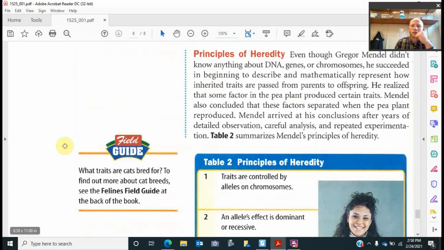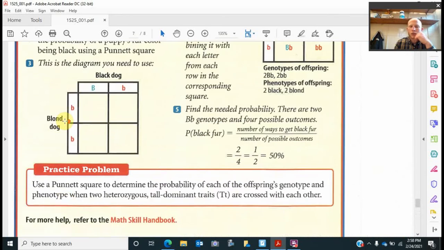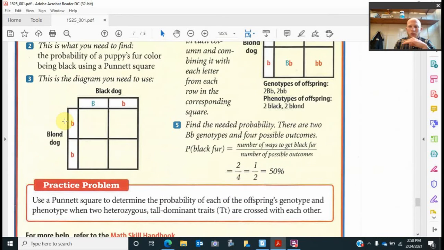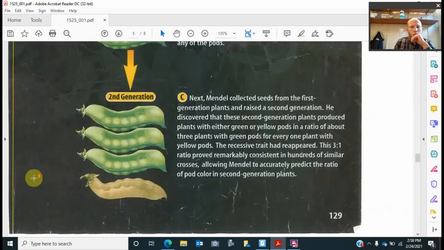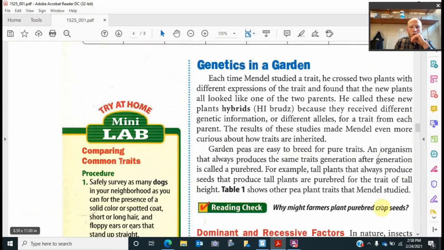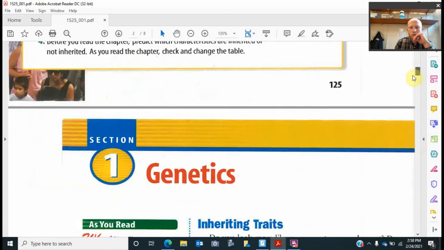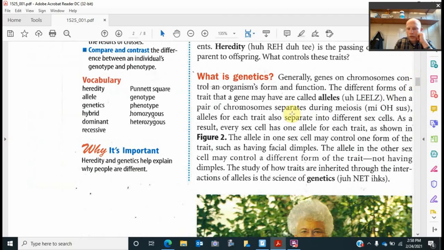All right, so when have we ever talked about this stuff? Well, we talked about it, but we just never gave it a name in this video, I should say. So let's look at what an allele is. It says the different forms of a trait that a gene may have are called alleles. An allele in one sex cell may control one form of the trait, such as having facial dimples. We talked about dimples.